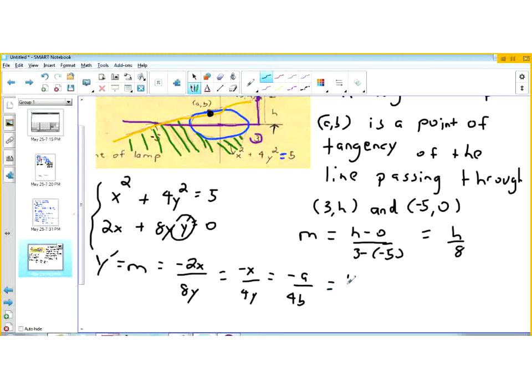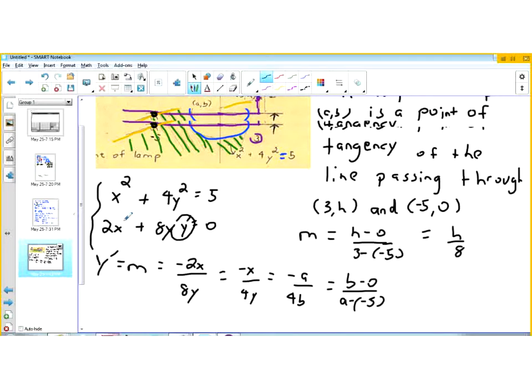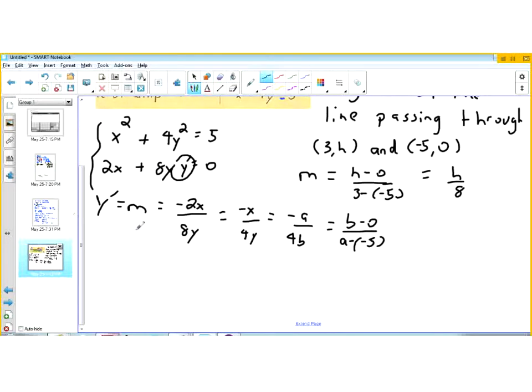Okay, and this also happens to equal b minus 0 over a minus (-5), right? Because these 2 points right here are on the tangent line, and so we can calculate the slope of the tangent line based on these 2 points, and we can calculate the slope of the tangent line based on taking the derivative of the equation for the ellipse.